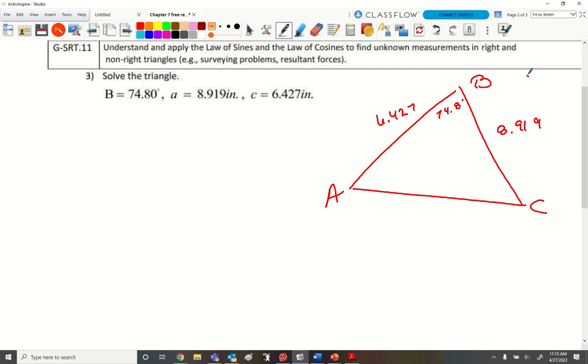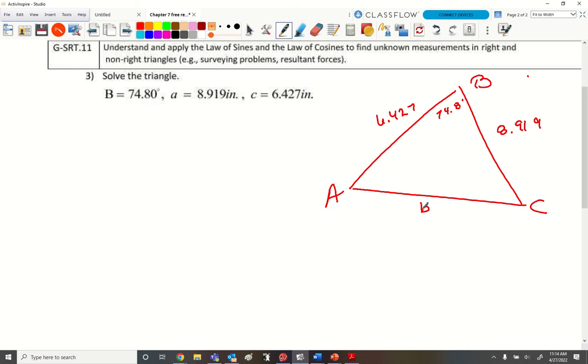Which one are we going to solve for? Law of cosines. What are we solving for? Little b. Very good. In law of cosines, if you remember the formulas, it always goes A, B, C. So if I have big B, that means I'm solving for little b.